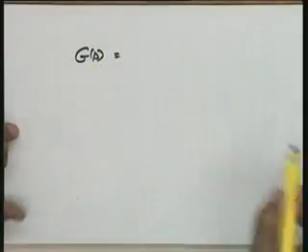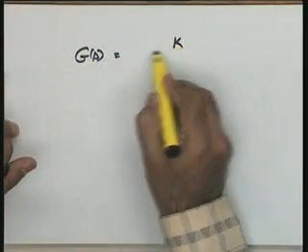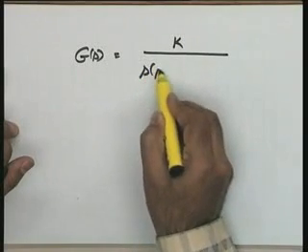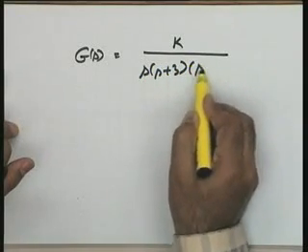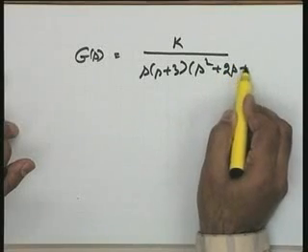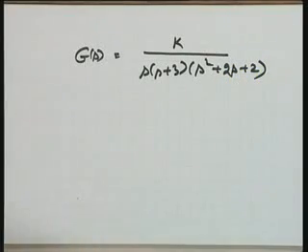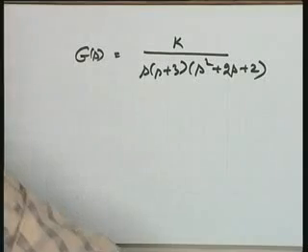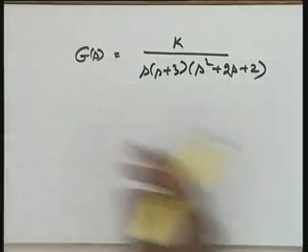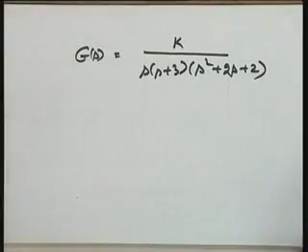Okay. First of all, I take a comprehensive example to revise all the rules. And this example is, given a unity feedback system with open loop transfer function k over s into (s plus 3) into (s squared plus 2s plus 2). This is the example, please. Apply all the rules on this example and let us see what type of root locus we get.